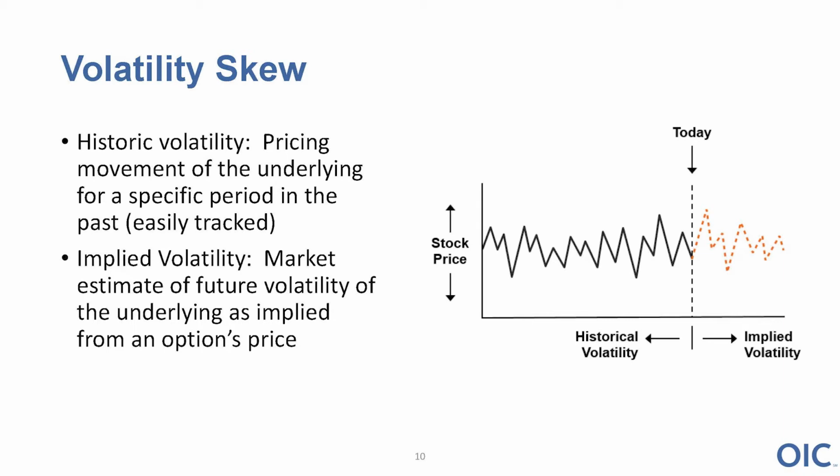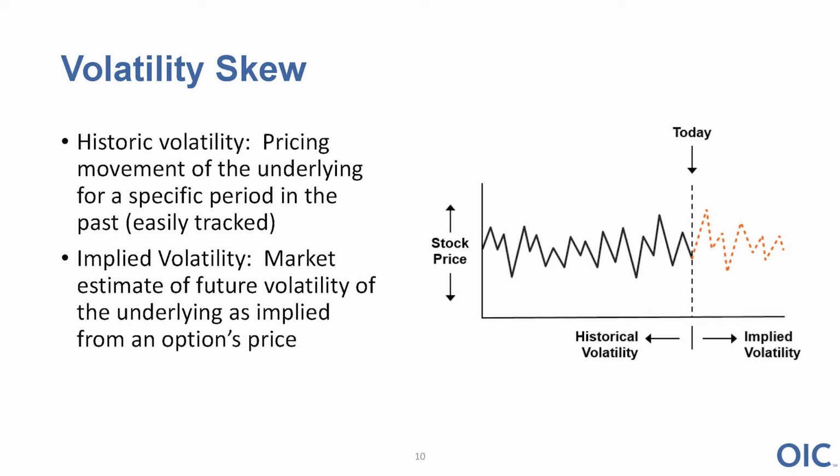Implied volatility only applies to options. So only options can have implied volatility. Implied volatility is the market's forecast of how volatile that stock will be between now and the option's expiration. The easiest way to think about it is when you hear the pundits on TV say that vol is high, or vol is low, or implied volatility is through the roof, all they're really referring to is the level of options prices.